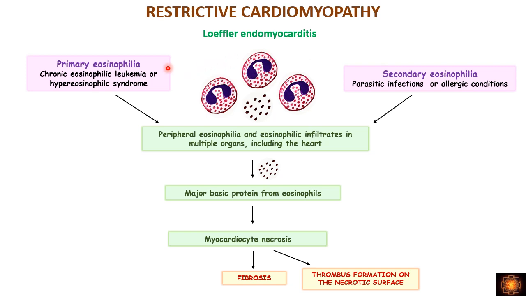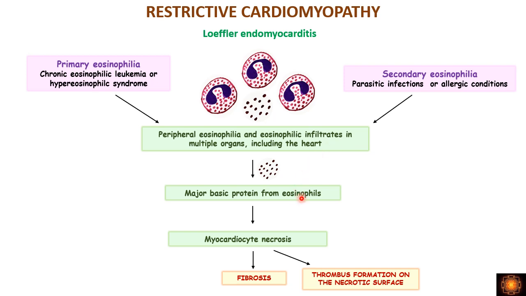Primary eosinophilia occurs in chronic eosinophilic leukemias or hypereosinophilic syndrome, and secondary eosinophilia we see in parasitic infections or some allergic conditions. So in both these conditions, whether it is primary or secondary, we have an increase in the eosinophil count, and in this peripheral eosinophilia we have infiltration of the eosinophils into different organs in the body, including the heart.